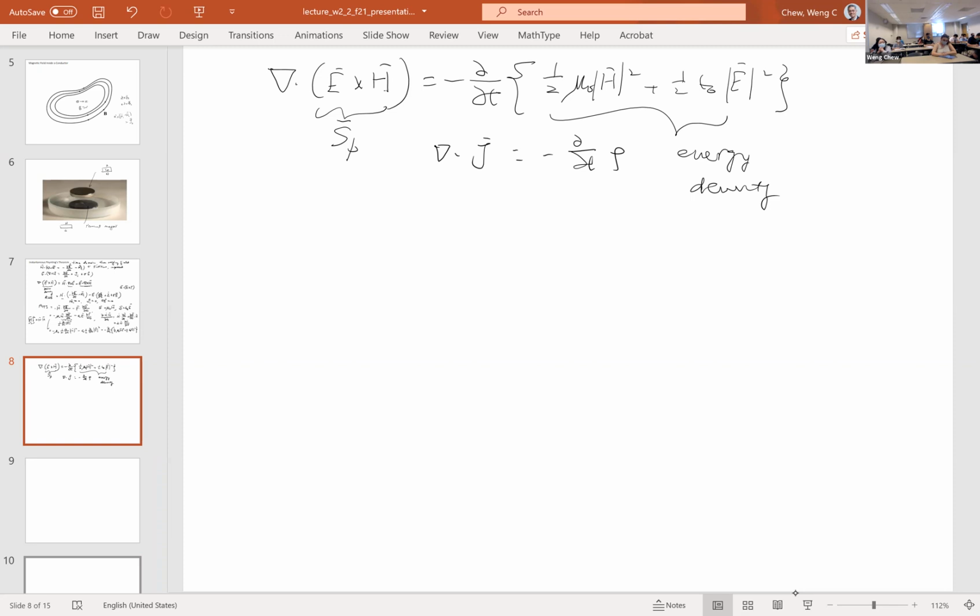You can do a dimensionality check on that. You can put in H having the dimension of amperes per meter. Mu naught should have the dimension of what? Do you remember what the dimension of mu naught should be? Very good, Henry per meter.